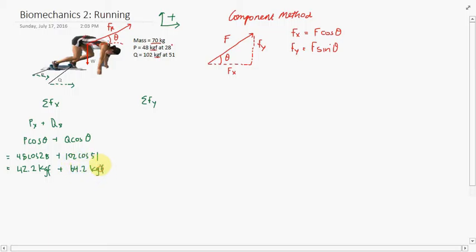kilograms of force. You might be asking yourselves, why am I not writing this in newtons? Why am I writing it in kilograms of force? Is that not an incorrect way of doing it? Well, traditionally you would take the kilograms and multiply by 9.81 meters per second squared, which gives you a Newton value.